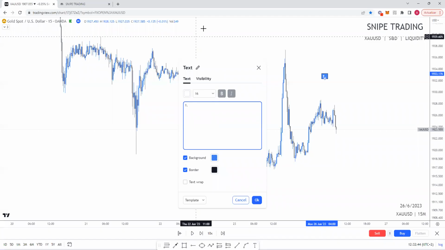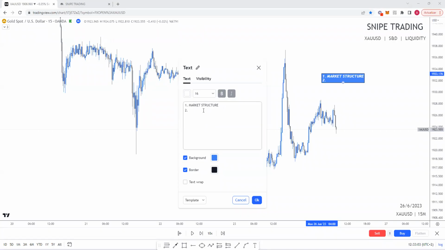Starting off with the first one. Market structure, well done. Second one, without losing any time. Fib, nice. And let me just add myself a reminder here because I want to explain one thing from one question somebody asked. Third one.